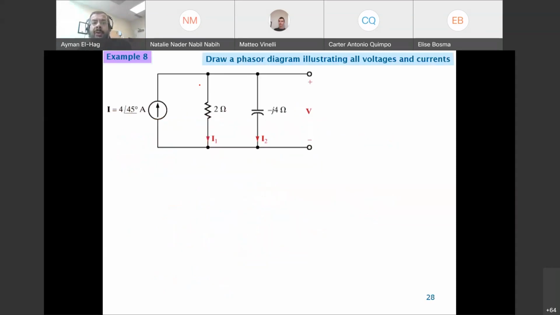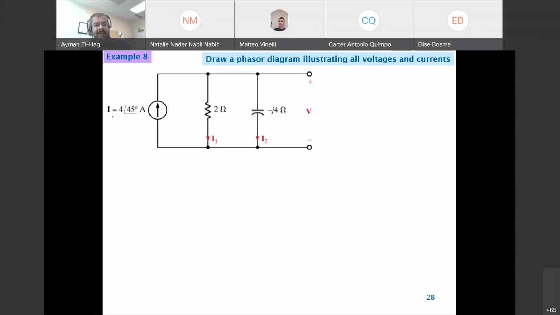It says here, draw a phasor diagram illustrating all voltages and currents. So we want to find the phasor diagram, and we have seen this phasor diagram before. To find the phasor diagram, you need to find the phasor quantities, the voltages and the currents.